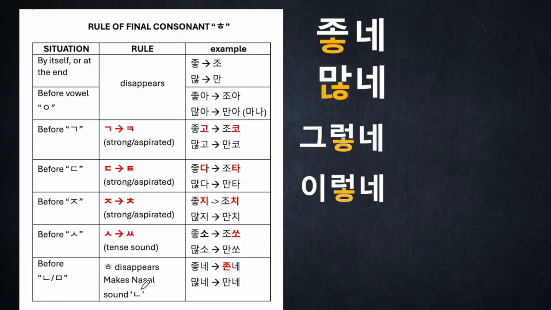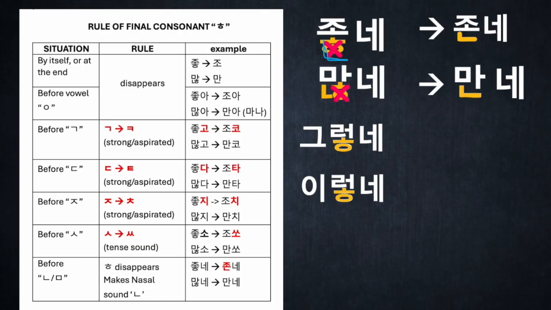Hu disappears and then it makes a nasal sound, n. So it's a little different here. This one changes to n, like that, n. So 좋네, 좋네. This one, because it already has an n sound here, you just drop this.